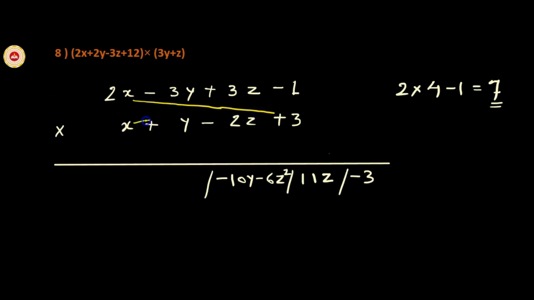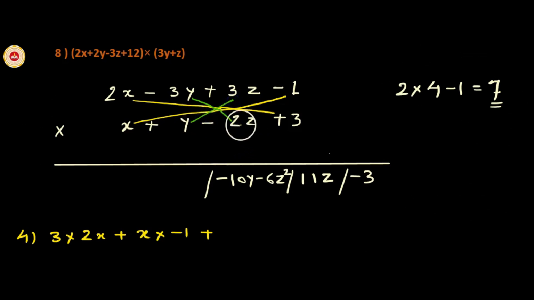Multiplying these 4 terms crosswise. Plus 3 multiplied by 2x. Step number 4. 3 multiplied by 2x plus x multiplied by minus 1, plus, now the middle 2 columns crosswise.